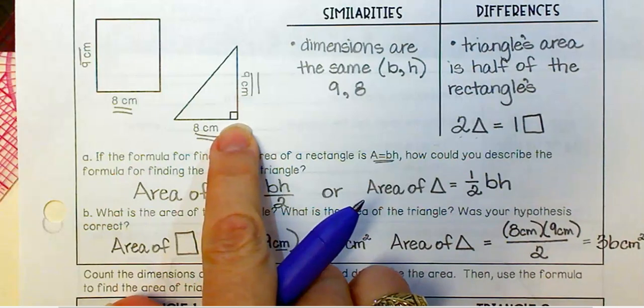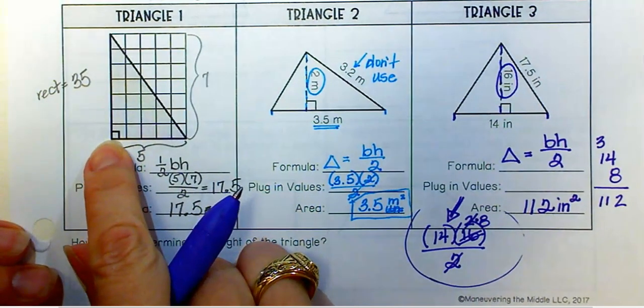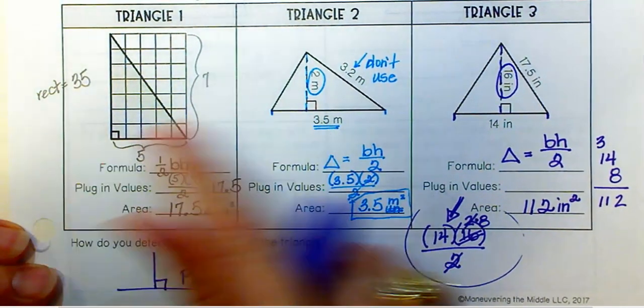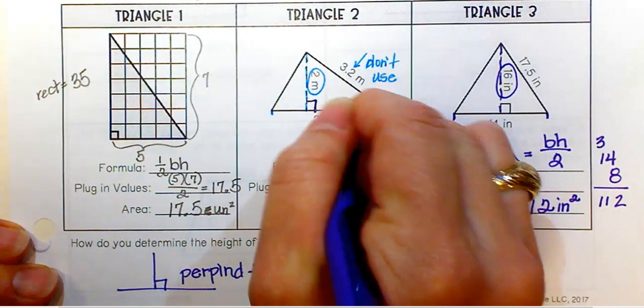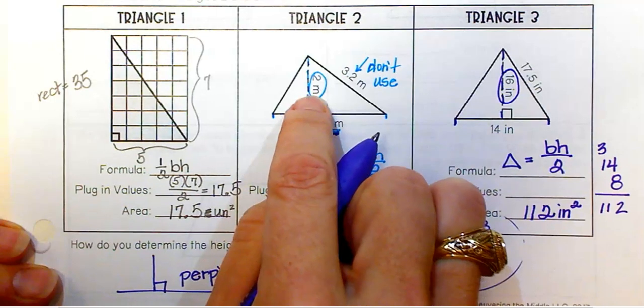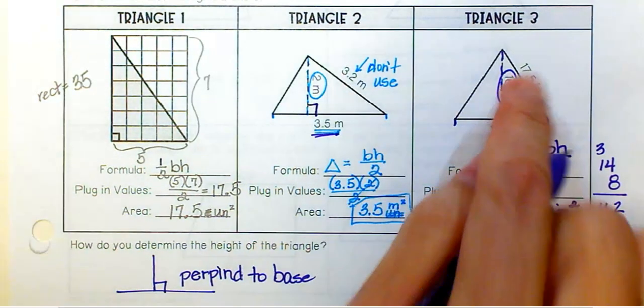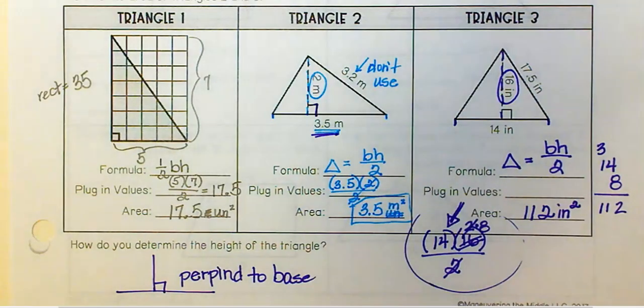Here, it's perpendicular to the base. We draw that little square in there to show that these two sides are meeting at a 90-degree angle. Okay, here's the base. There's your 90-degree angle, so this is the height. Don't use that. Don't use this. It's not the height.